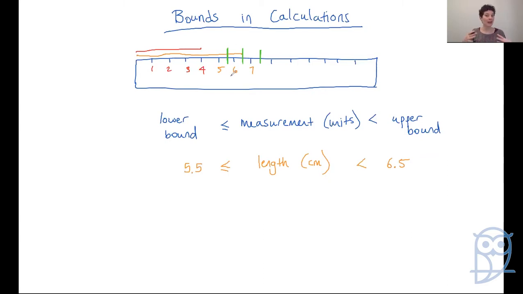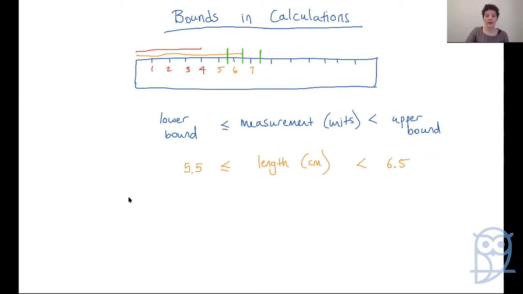If we want to formalize this a little bit more, what if we were measuring kilometers, or grams, or time? Everything is measured with a bound, because everything is measured with a level of accuracy, and that is your key.